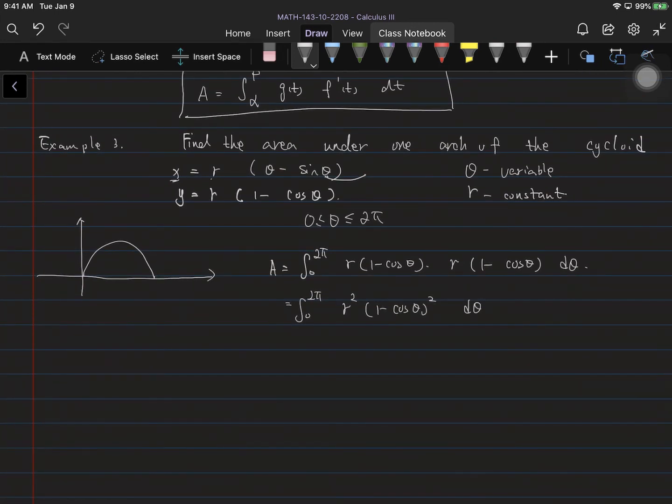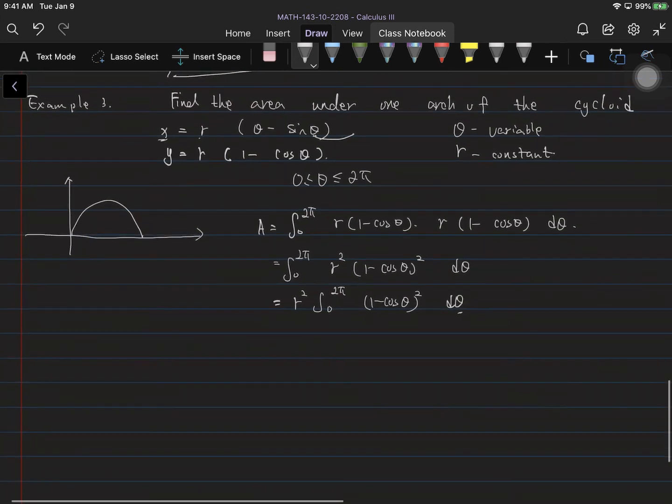R is constant, so we can take it to the front. Theta is the variable, so we integrate with respect to theta. Expand the square: 1 minus 2 cosine theta plus cosine squared theta d theta.